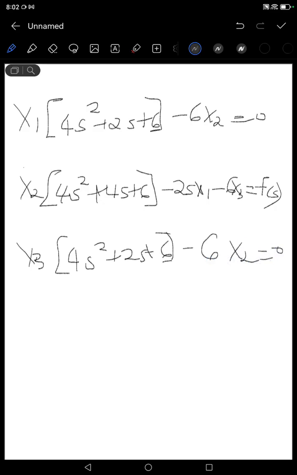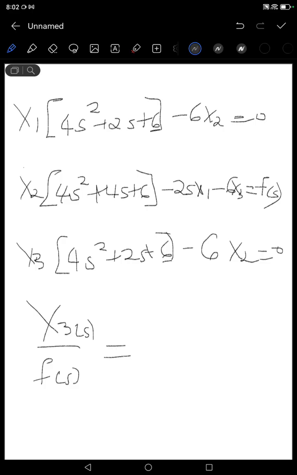And then from these three equations, we're looking for what? We're looking for X3 over F of s. We are looking for this. So you just have to play around here and then get what? The fraction of X3 over F of s.